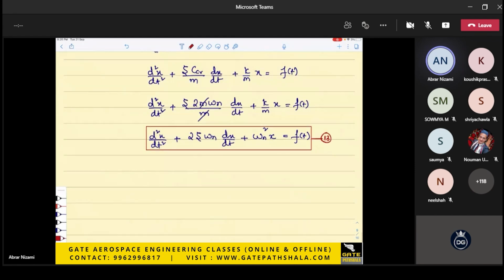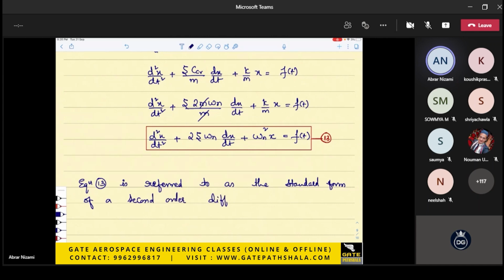Equation 13 is referred to as the standard form of a second order differential equation with constant coefficients.